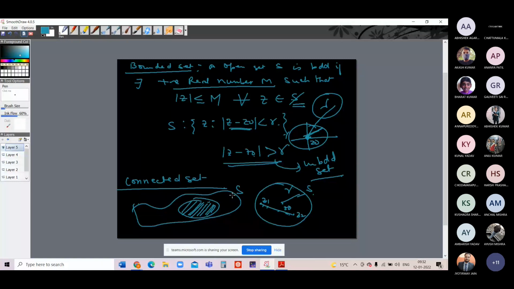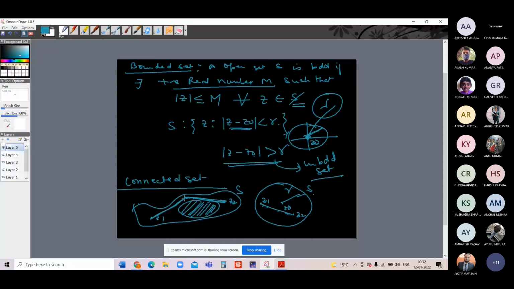For suppose here I am considering a point Z1 and another point Z2 here. So if it is possible to join these 2 points by a polygonal line, for suppose यहाँ पे इस तरह से मैंने ज्वाइन की लाइन को, so the polygonal line means a line which is formed by joining a finite number of straight line segments.